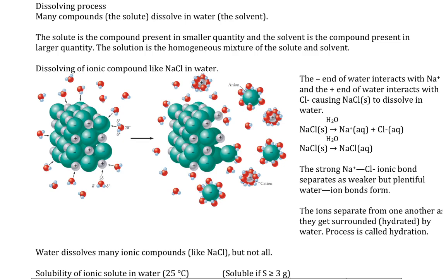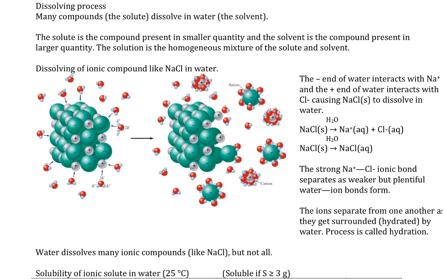So it's the same throughout. The solution, it's see-through. We don't have chunks of undissolved solute in part of it, like in the bottom of the cup. It's all throughout. It's called a solution. Here's a picture of the dissolving of an ionic compound like sodium chloride in water.